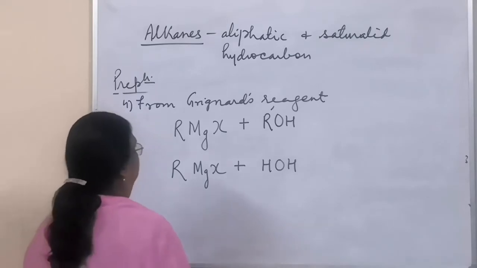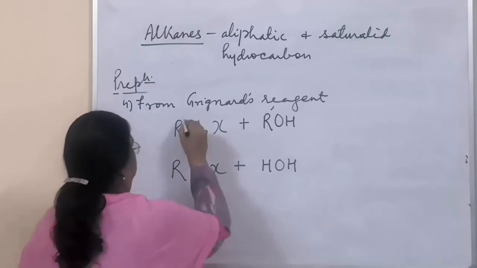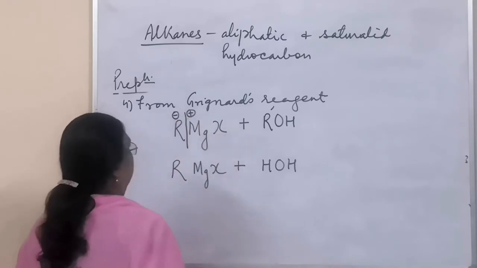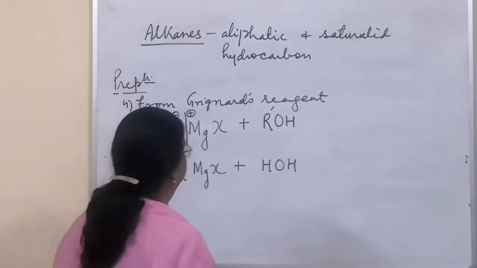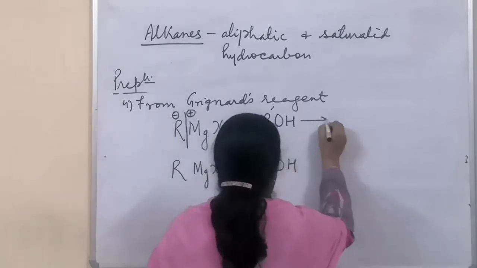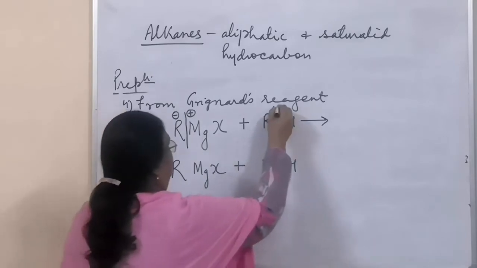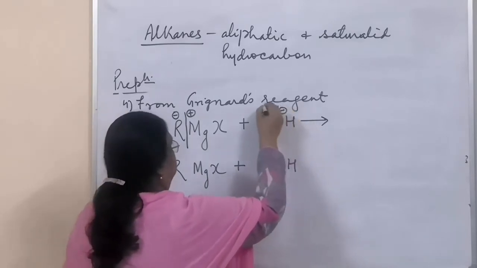So the bond will be splitting from here, this is minus, this is plus, and here this will be there, this is a splitting, here minus and this will be plus.